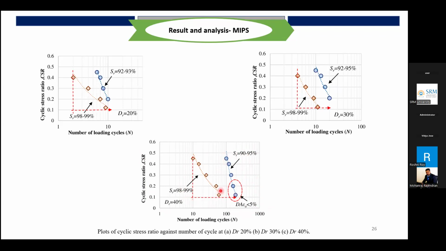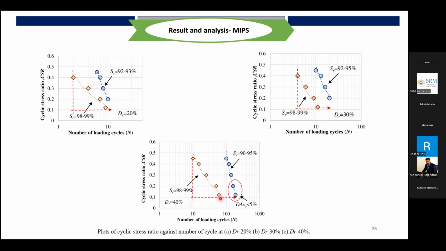Whereas when the degree of saturation is increased, this is almost like a fully saturated state, but even with a small number of cycles. Where we are talking about 100 to 300, here for similar magnitude the numbers are much smaller, somewhere 10 to 80 or 70, and we reach the same amount of liquefaction resistance.